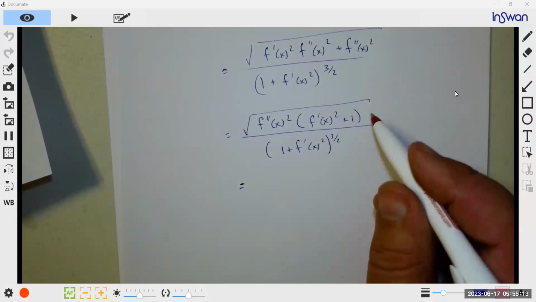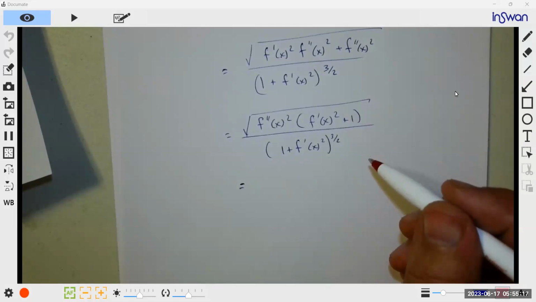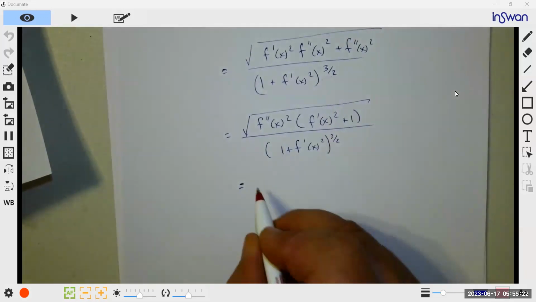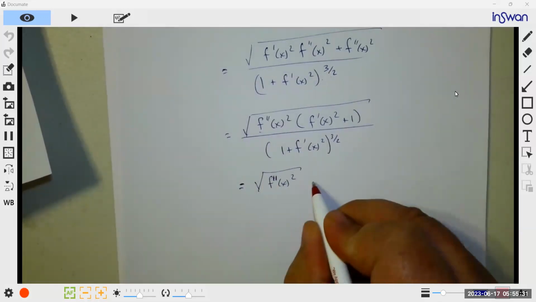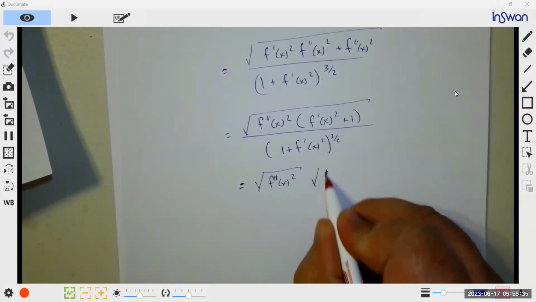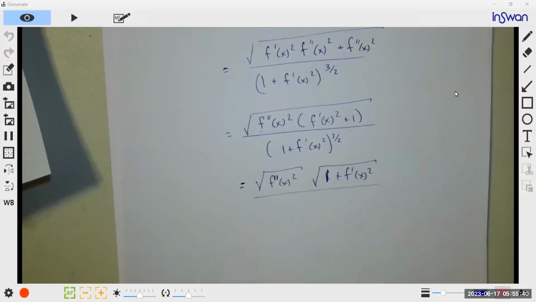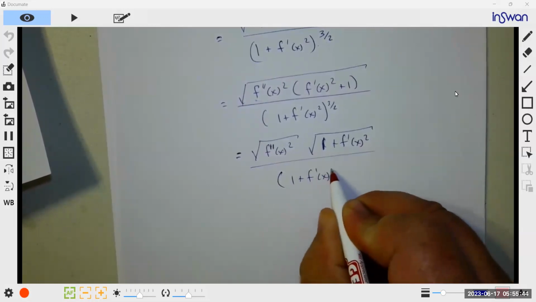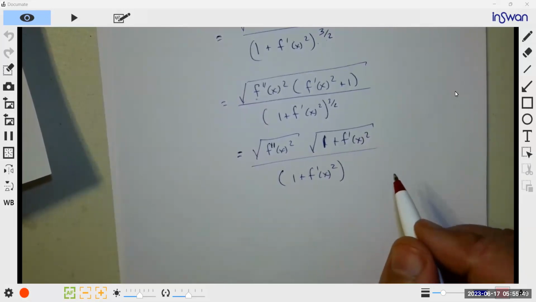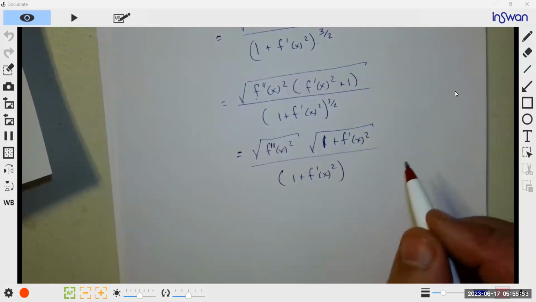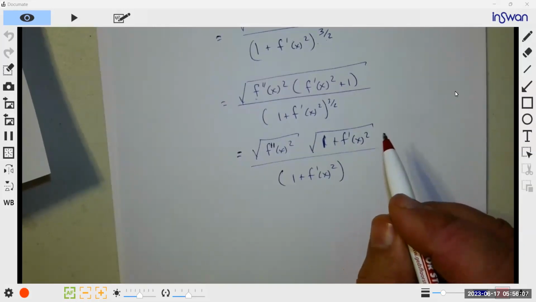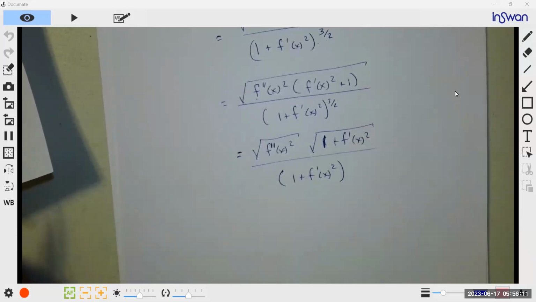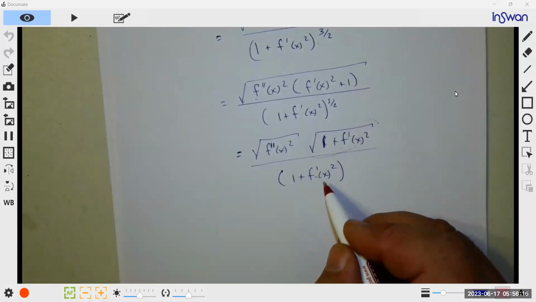We square root that, and we can rewrite it as 1 plus f prime of x squared. This one should cancel this one.